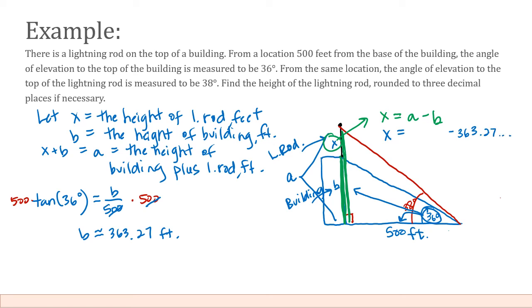So let's see, what else do I need to find? I need to find what a is. So a is the side of the larger triangle that has a base angle of 38 degrees. So same idea, but now I'm going to say, and let me just do that over here to the side, that the tangent of 38 degrees is equal to a over 500.